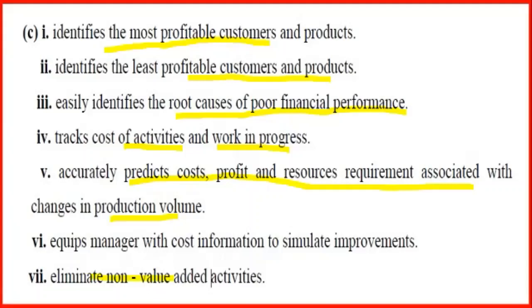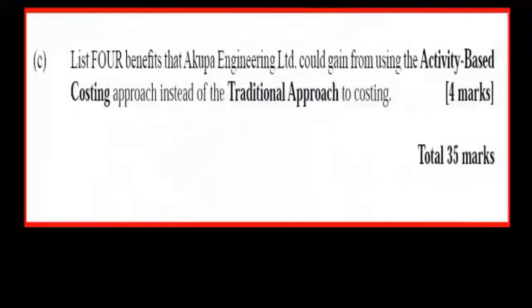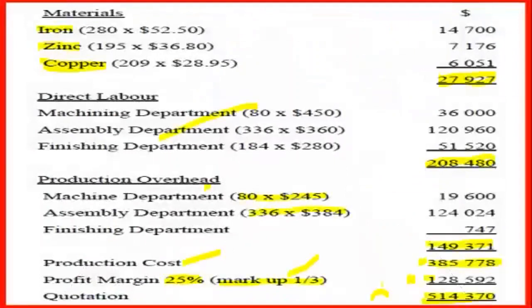Accurately predicts cost, profit, resources requirement associated with the changes in production volume. And this is the main and most important one here. It eliminates the non-value added activities, right? Especially from the overheads, like here, if a product didn't use one of these departments, like if there wasn't anything to do in the finishing department, you wouldn't have to pay any of this.